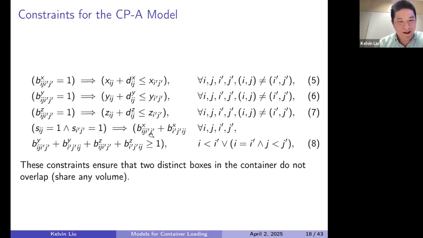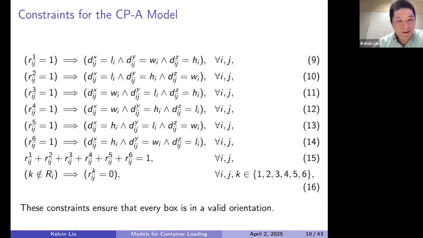So if they're both in the container, then at least one of these separation variables will be 1. So they are separated, essentially. And what else do we need to do? These constraints over here ensure that every box is in a valid orientation. For box ij, there are 6 possible orientations.